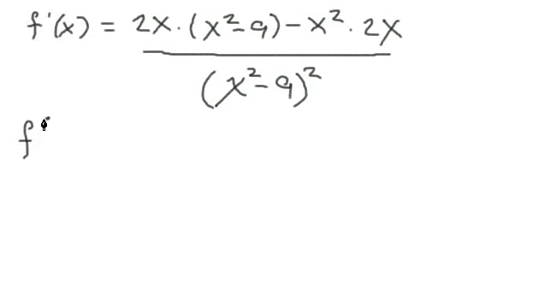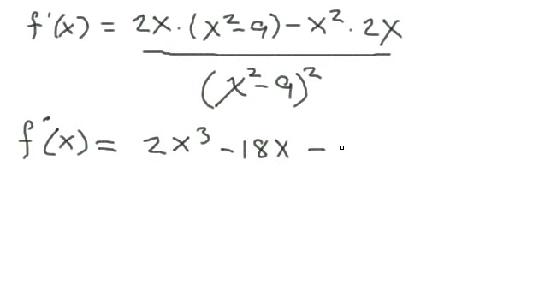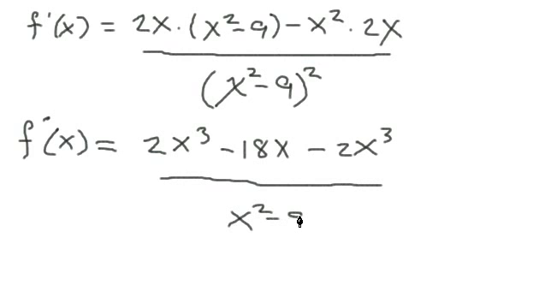Alright, so now what we're going to do is clean this up. So f prime of x is equal to, now I'm going to distribute this 2x across, so we have 2x cubed minus 18x minus 2x cubed, and that's all over x squared minus 9, quantity squared.